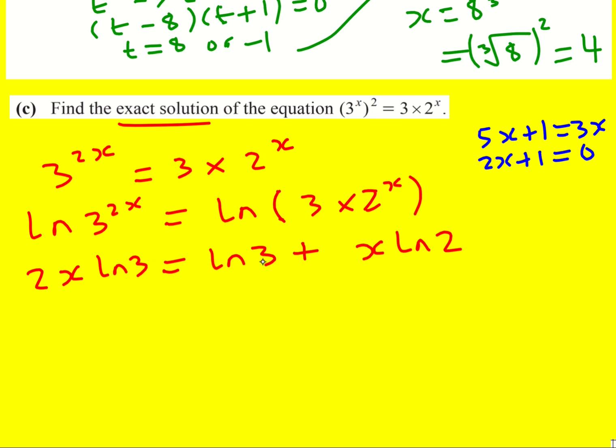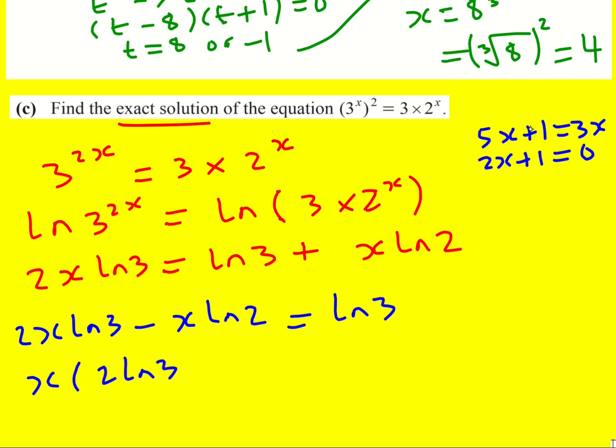Let me leave it as it is. 2x ln 3 minus x ln 2, by minusing this from both sides, equals ln 3. Factorize out that x.